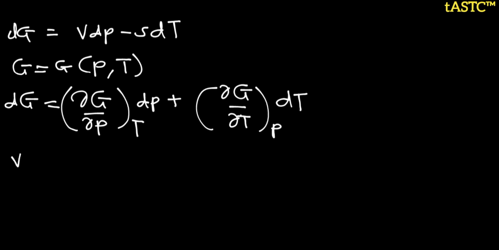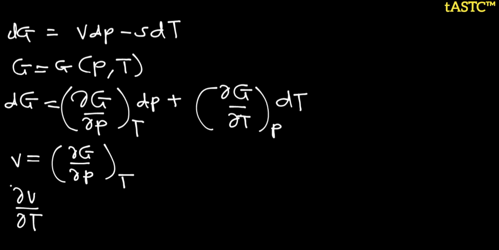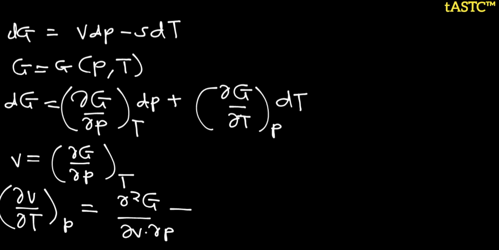Now we have that V is equal to partial G, partial P at constant T. So as you know, this should change to a partial V partial T at constant P in this case. And here we're going to have d squared G, and we're going to have dV dP in it. So let us say this is equation star.